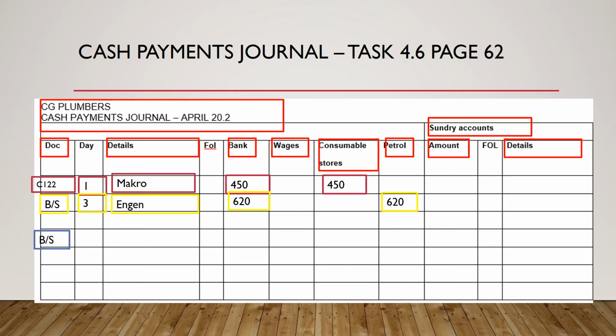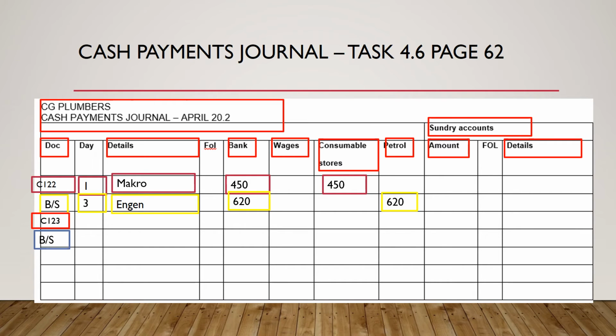The next item or items that we bought was on the 4th of April. We bought the following from Baxter Stores and paid by check. We bought consumable stores for 315 and stationery for 185. So our source document is check counterfoil 123.